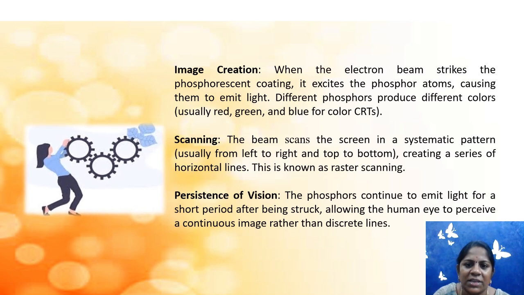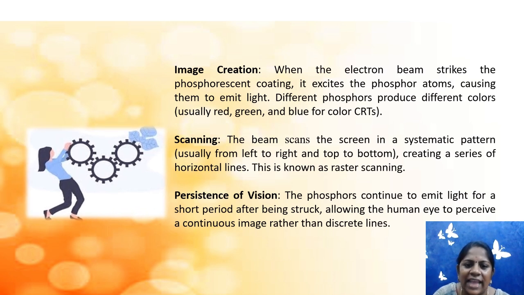So we can see the image creation, scanning and the persistence of vision. When the electron beam strikes the coating, it excites the phosphor atoms, causing them to emit light, and different phosphors produce different colors. The colors are usually red, green and blue for color CRTs. Scanning: the beam scans the screen in a systematic pattern, from left to right and top to bottom.